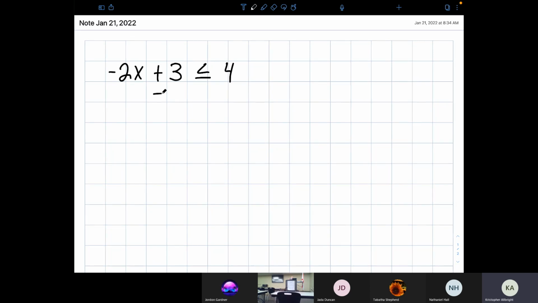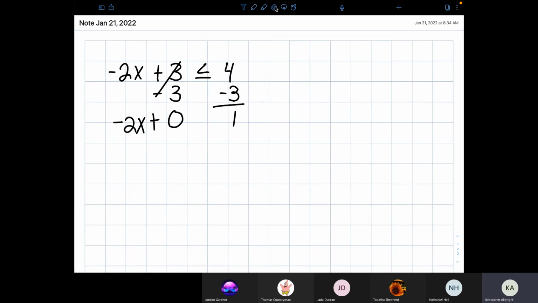Okay, so back to this problem. We have negative 2x plus 3 is less than or equal to 4. So we subtract our 3 across, and when we do that, we get 1 on this side, and 0 over here. Negative 2x plus 0, so we can just erase our plus 0, is less than or equal to 1.